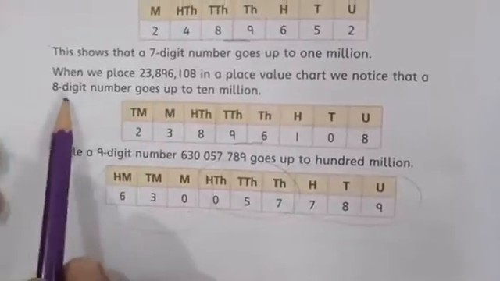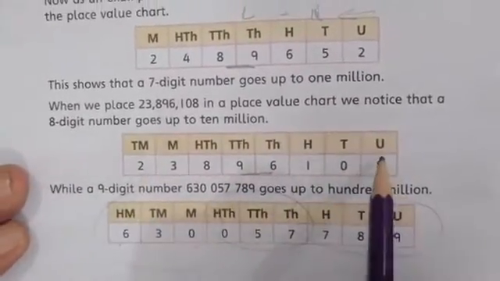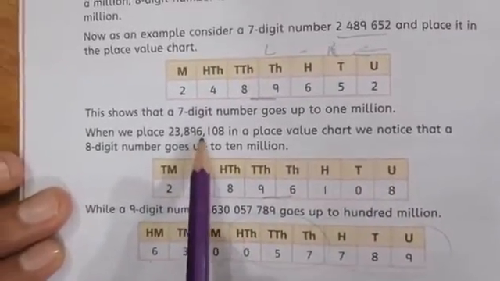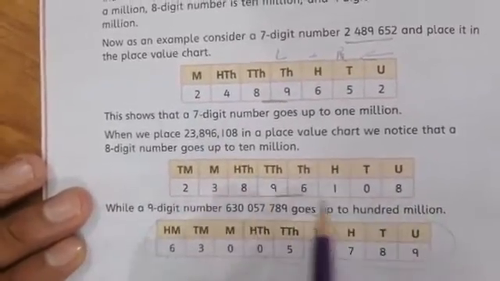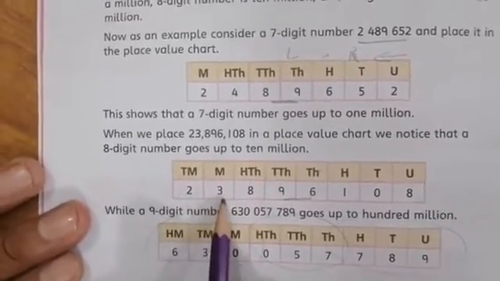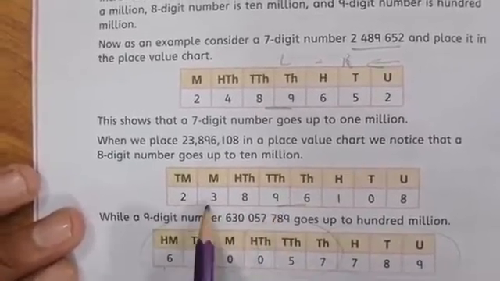Then second, 8-digit numbers. 8-digit numbers will go up to 10 million, starting from the unit place to the 10 million place. Similarly you will write these numbers from right to left, and you will read it like this: 23 million, 896 thousand, 108.